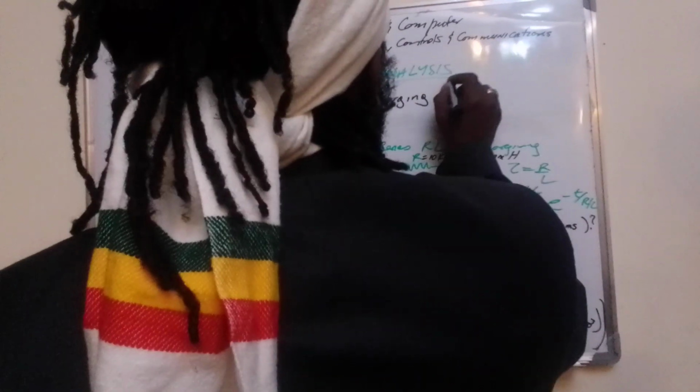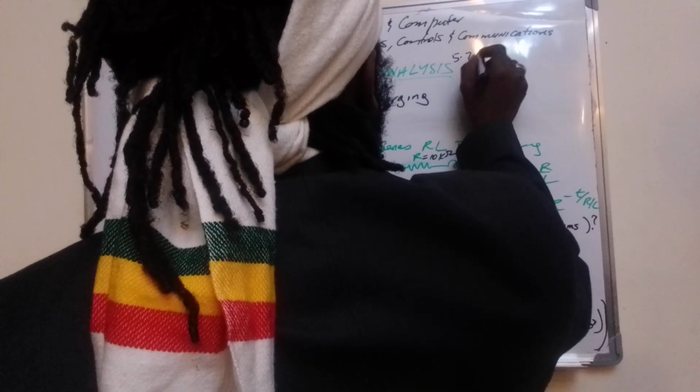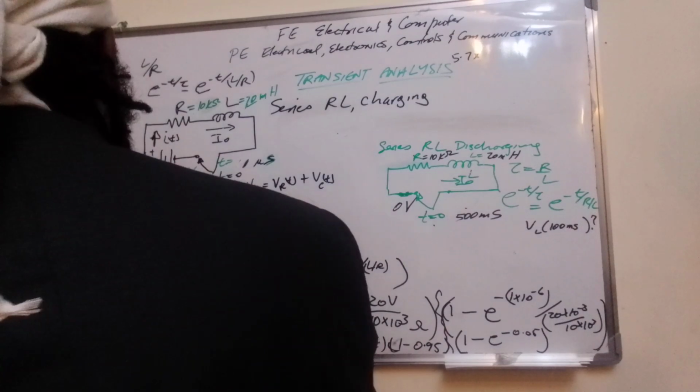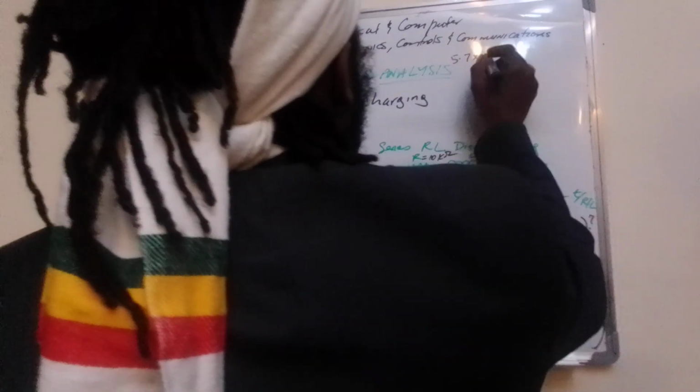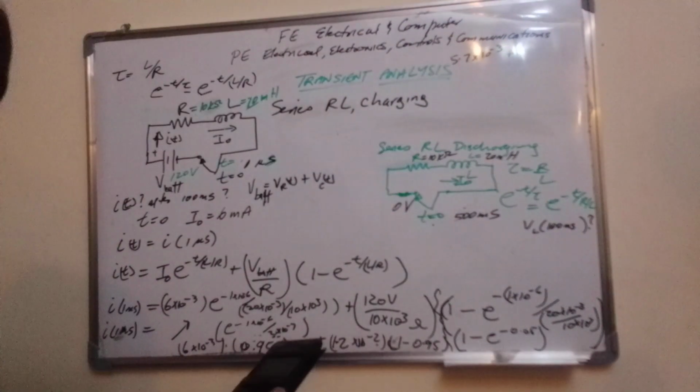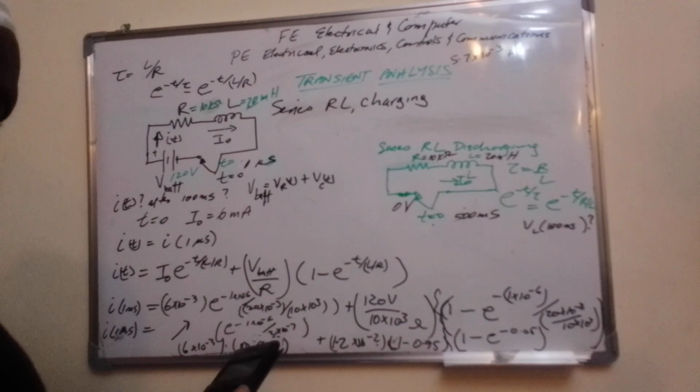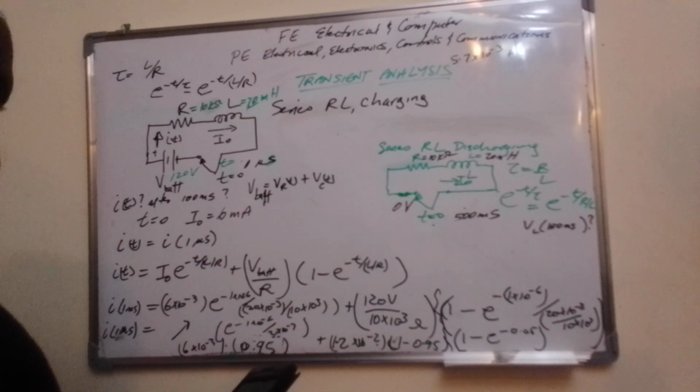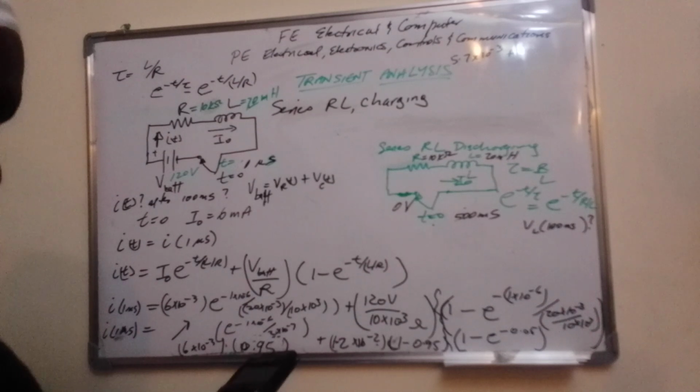So this becomes 5.7 times 10 to the minus 3 plus this piece, 0.05 times 1.2, which gives 3.0012.